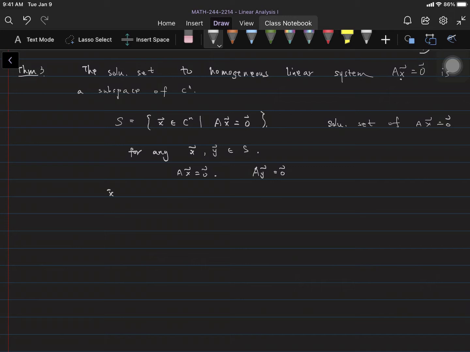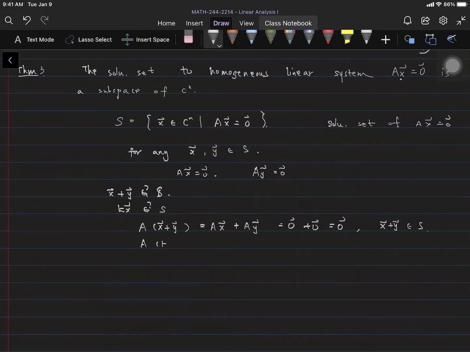And we test whether X plus Y belongs to S, which means whether it is a solution. A(X plus Y) equals AX plus AY, which is 0 plus 0, which is also 0. So X plus Y is also a solution and belongs to S.